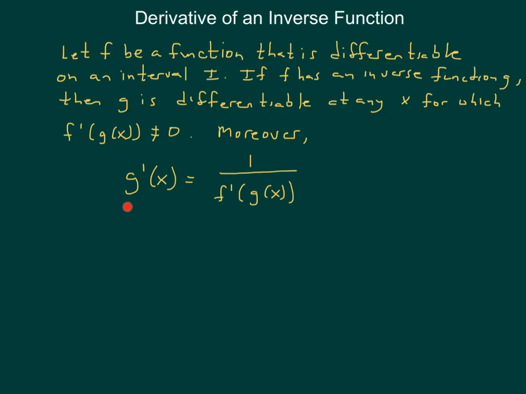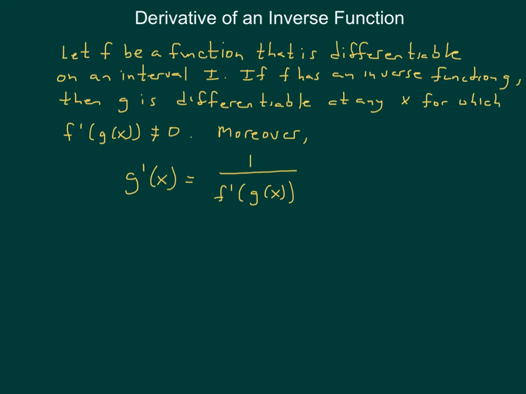Moreover, g prime of x is going to be 1 over f prime of g of x. In other words, remember these are inverse functions. What this says is that the slope of the inverse is going to be the reciprocal of the corresponding point on the original.